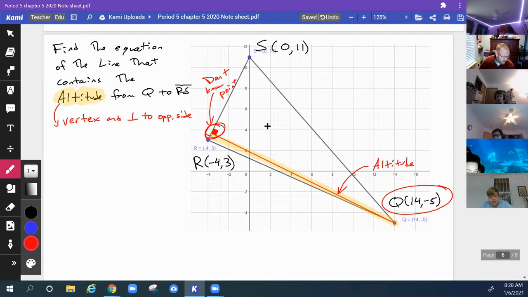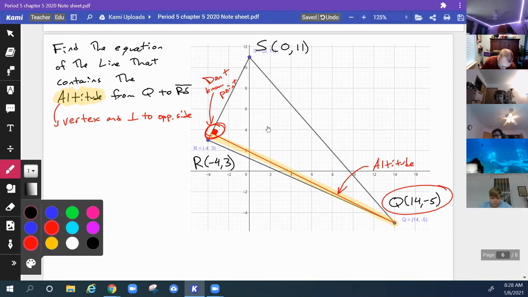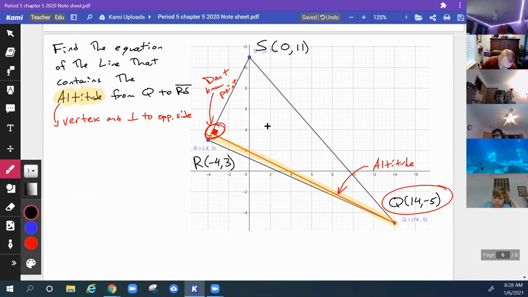Okay. All right. But what I do know is I do know a few other things. Think about what we need. My equation of the line is going to be y minus y1 equals m times x minus x1. And remember, I need a point and I need a slope. Well, the point that that red line goes through, I know is Q, okay?